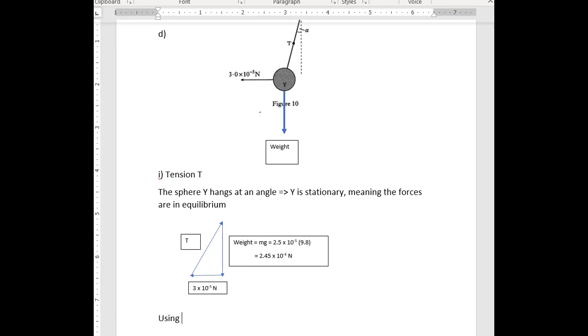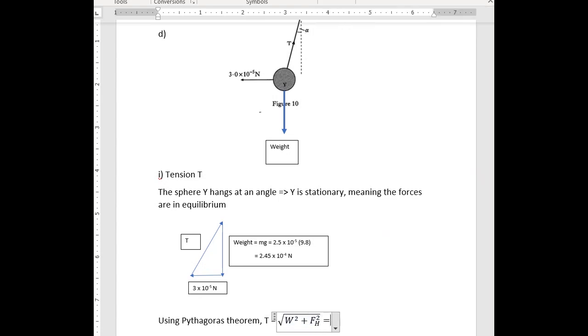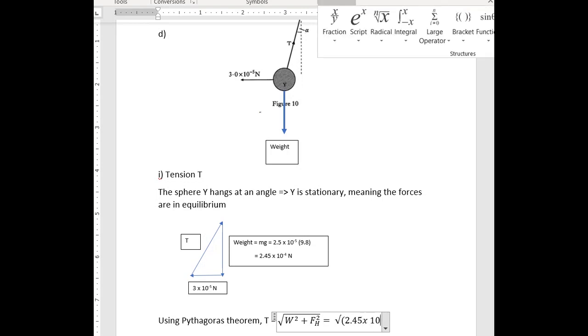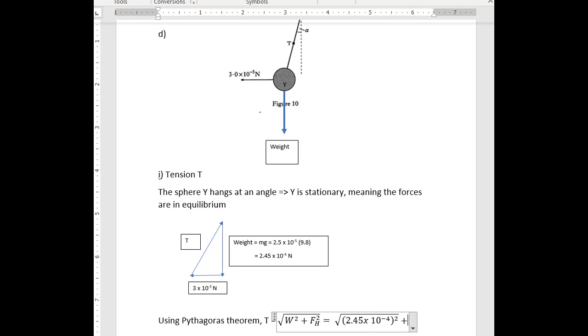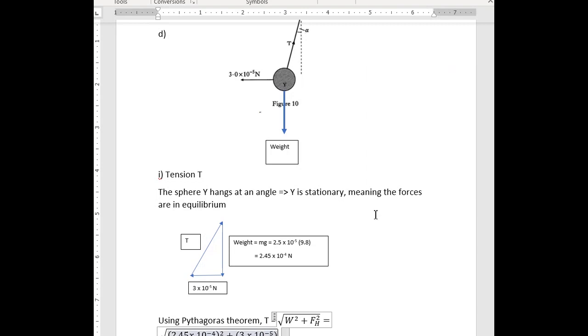So again, using Pythagoras theorem, the force is equal to the square root of the vertical force, 2.45 times 10 to the power of minus 4, squared, plus 3 times 10 to the power of minus 5, squared.